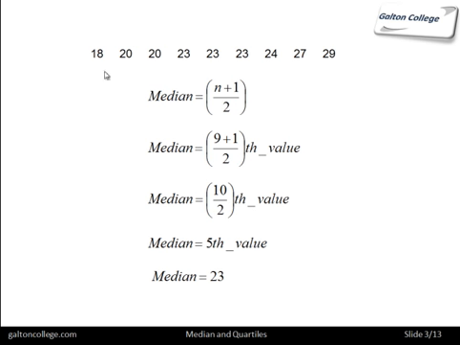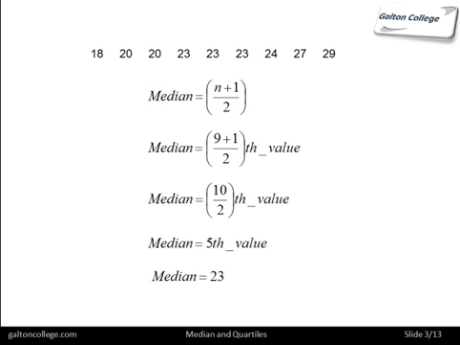We take the number of values, which is 9 in our case. 9 plus 1, divided by 2, which is 10 divided by 2, which is the 5th value. Now, the 5th value we count along: 1, 2, 3, 4, 5. So the median value, the middle value, is 23. That's all we do to work out a median, just to get the middle value.